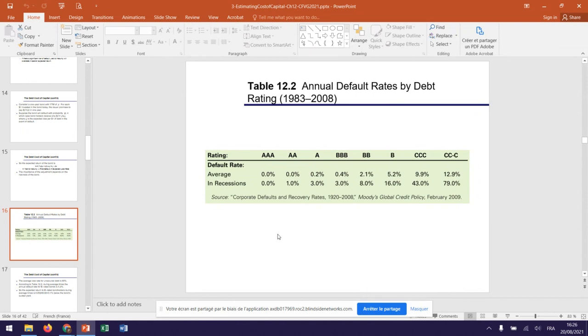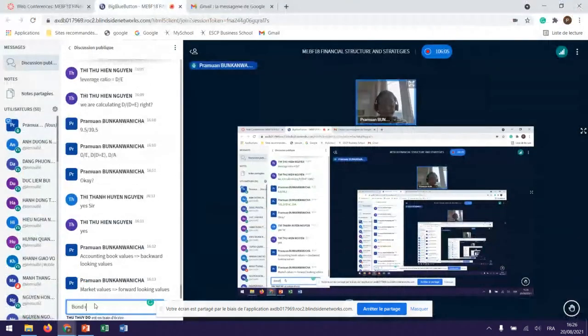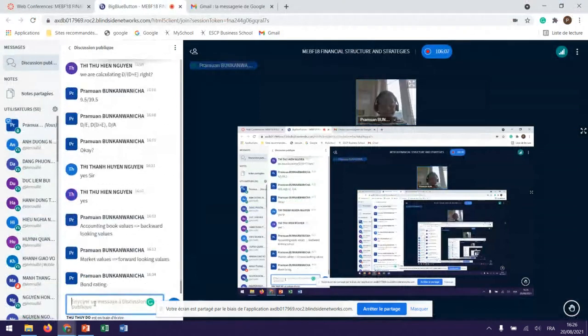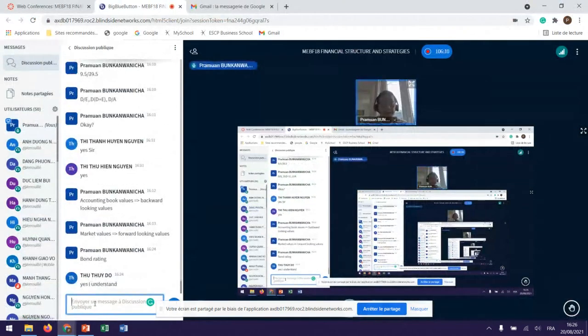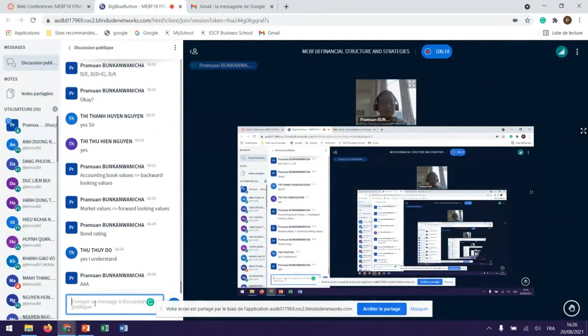Everybody knows bond ratings, right? Everybody knows bond ratings? Yes. Okay. So the highest rating with the lowest probability of default, we call triple A, right? And if I have a grade of bond lower than triple A, which one are we going to get?